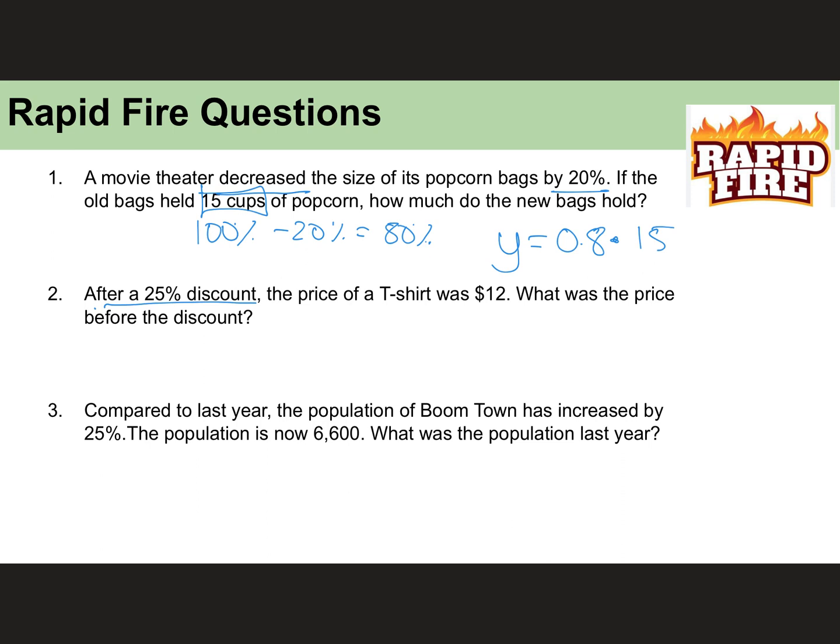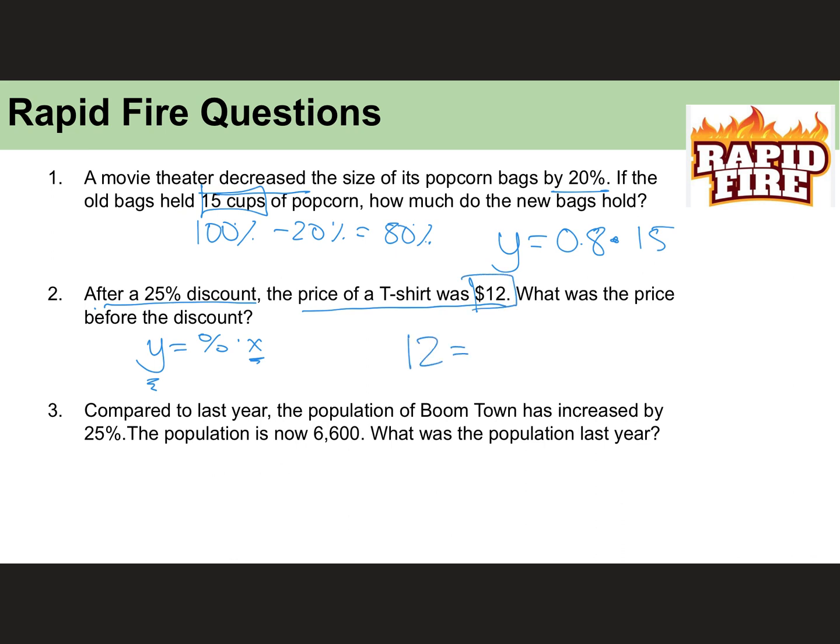After a 25% discount, the price of a t-shirt was $12. What was the price before the discount? Now this one's a little different. My equation is usually y is equal to the percent times x. Now x is my original and y is my new. So in this case, $12 is my new.